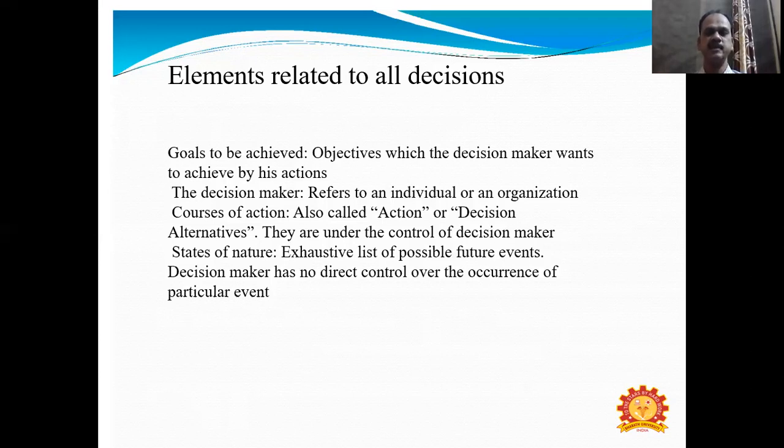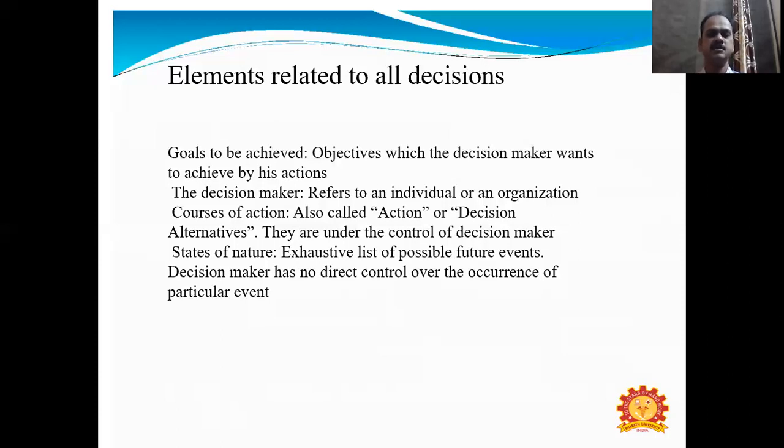So after getting over the decision, we need to split the branch as yes or no. After that, we have to apply the action for the decision tree. The alternatives are under the control of the decision maker.